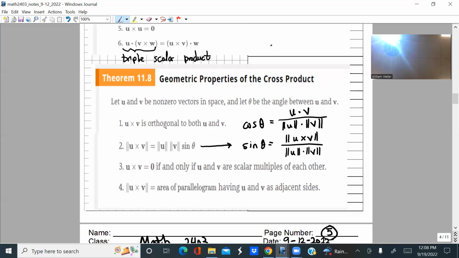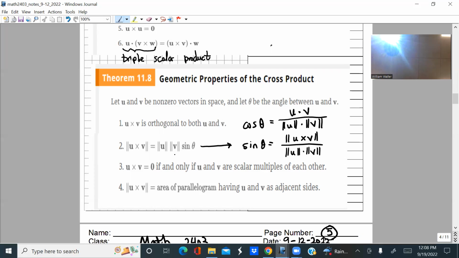It's going to be perpendicular, also known as orthogonal, to both of the factors in your cross product. So cross products are orthogonal to the factors in the cross product.